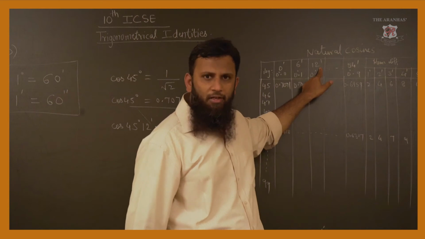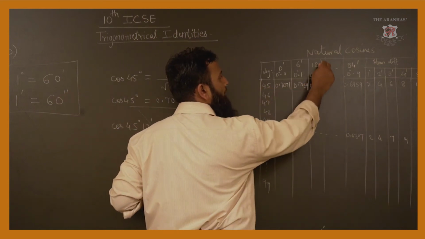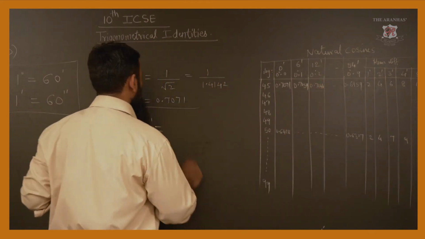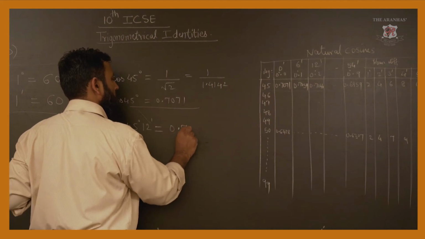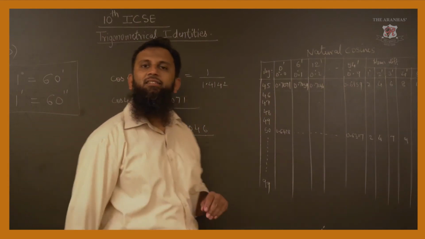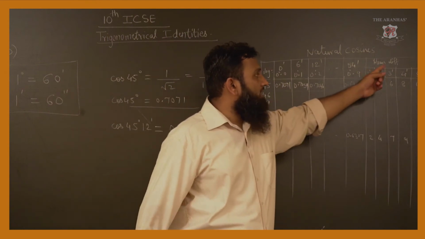Yes, it is available. So for 45 degree and below 12 minutes, select that value 7046. So the answer comes out to be 0.7046. Now, did you understand? But the additional information is about the mean difference.